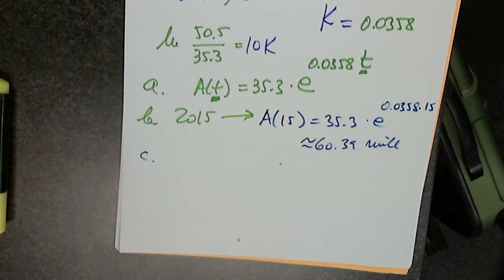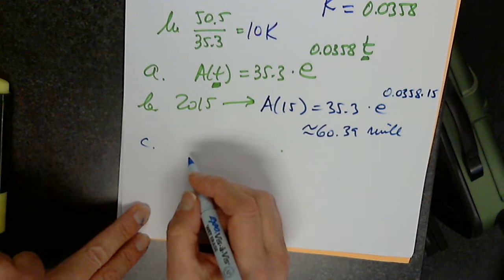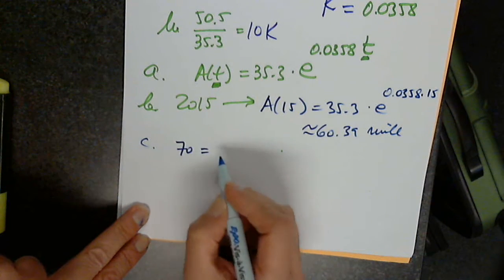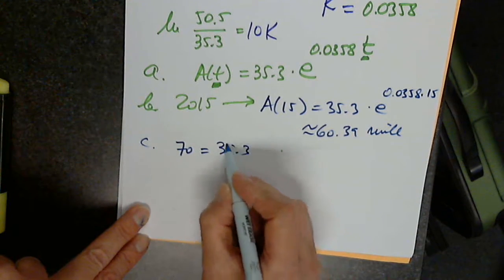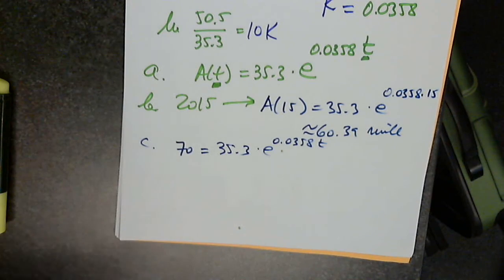What am I doing now? Say it again. Good. I have to find the time when the resident population is 70 million. So what do I have to do? Please dictate, and I'll write it. Equals 35.3. Excellent.